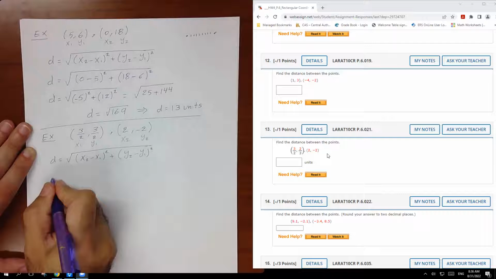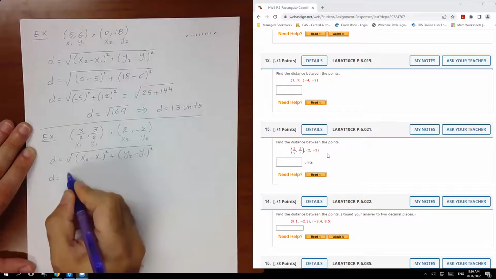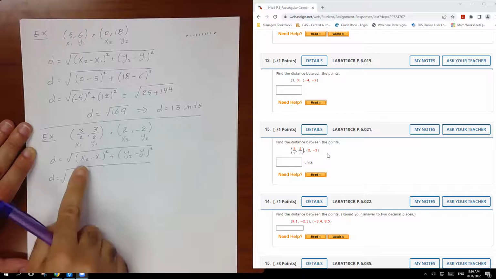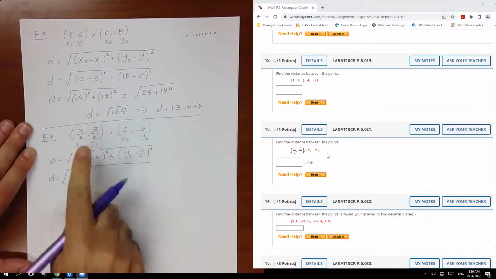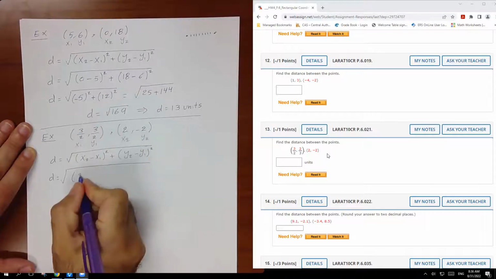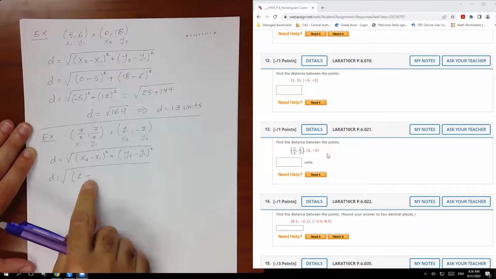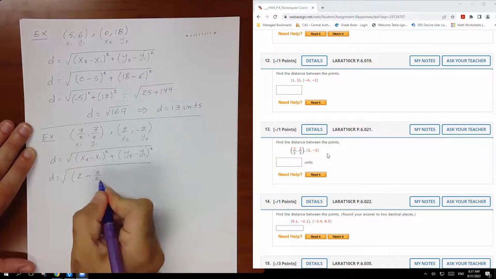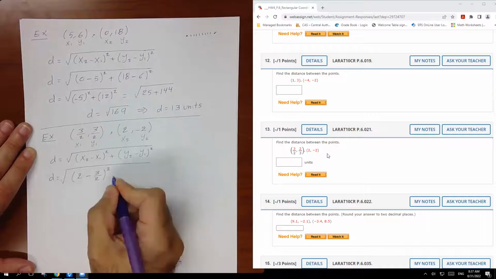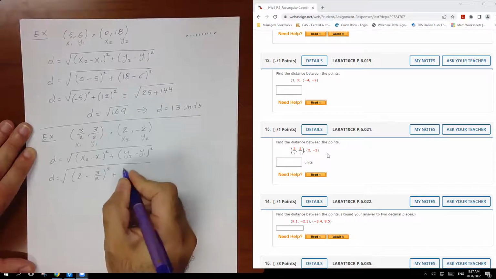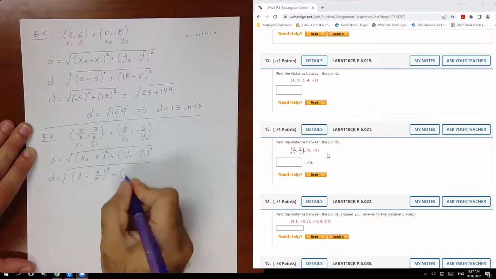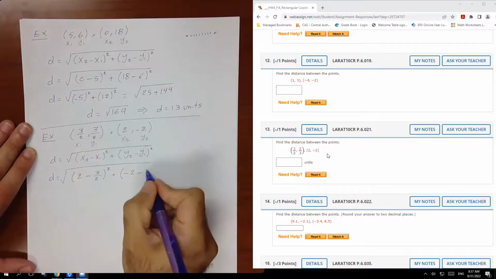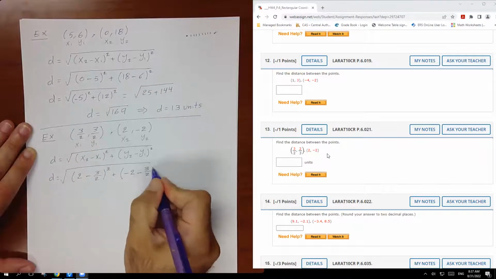Again, the distance is going to be the square root of x2, which is, sorry, x2 is 2, minus x1 is 3 over 2 squared, plus y2 is negative 2, minus y1 is 3 over 2 squared.